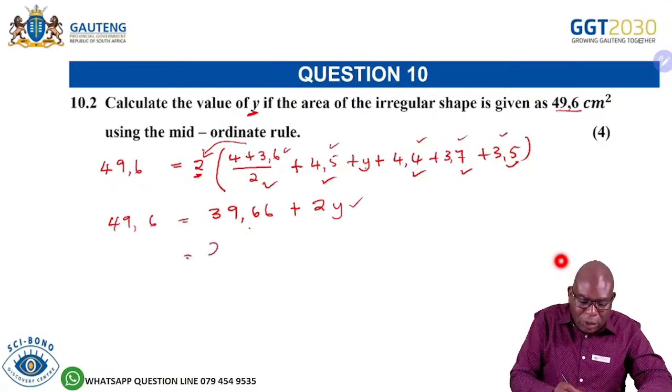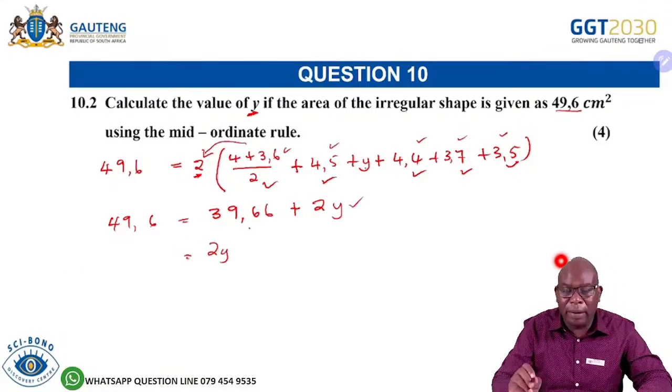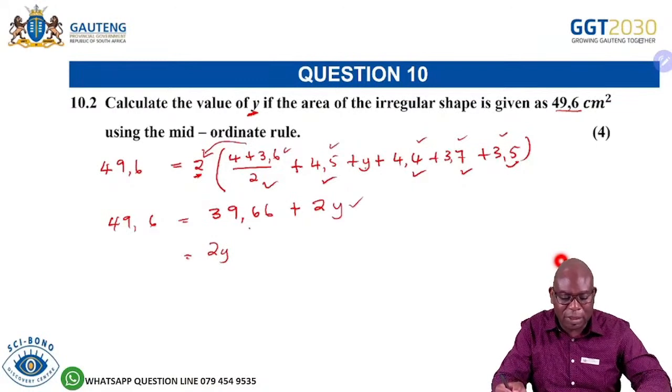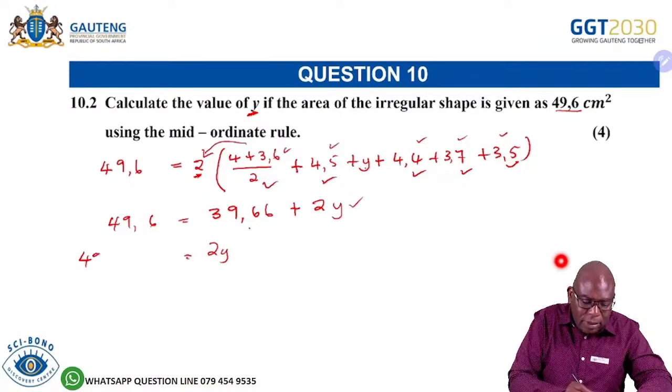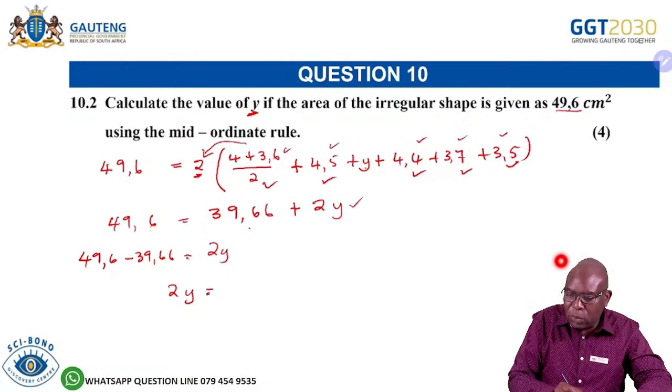Then I'll say 2y equals 49.66 minus 39.66. And I'll get 2y equals 9.94, of which my y will be 4.97 centimeters.